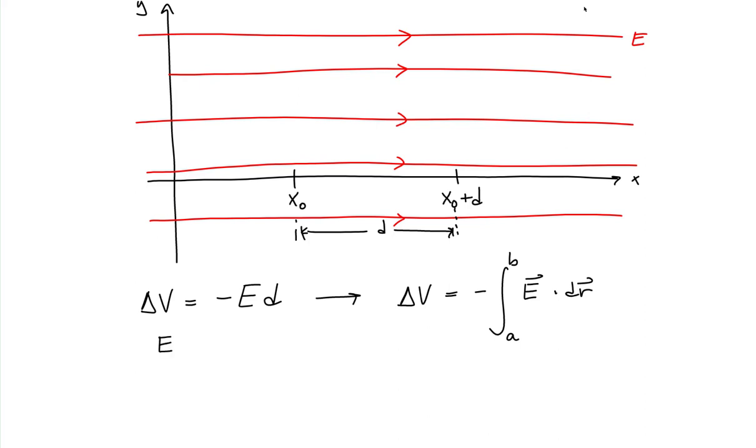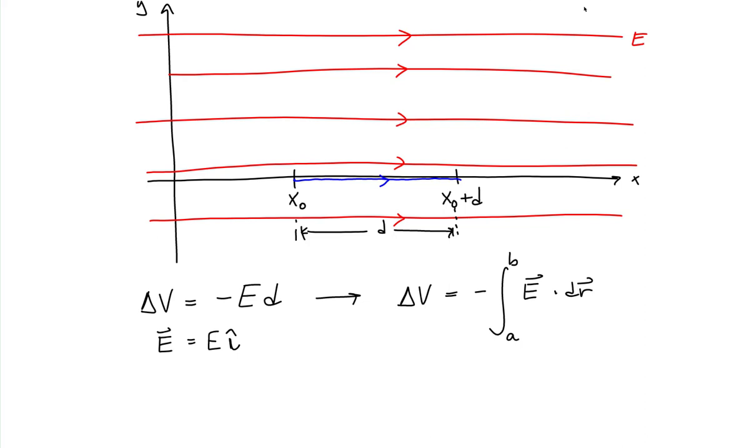Here, the electric field has a constant magnitude, and we will say it points along the positive x-axis. While our displacement, well, let's look at what our dr vector is going to be. We're moving from our initial point on the x-axis to our final point on the x-axis along this path indicated.